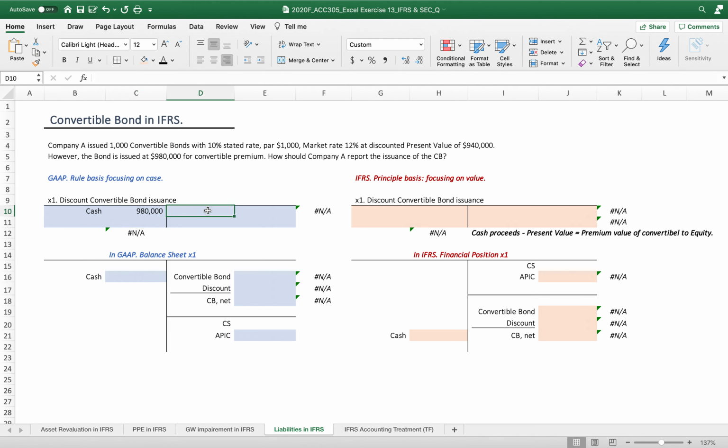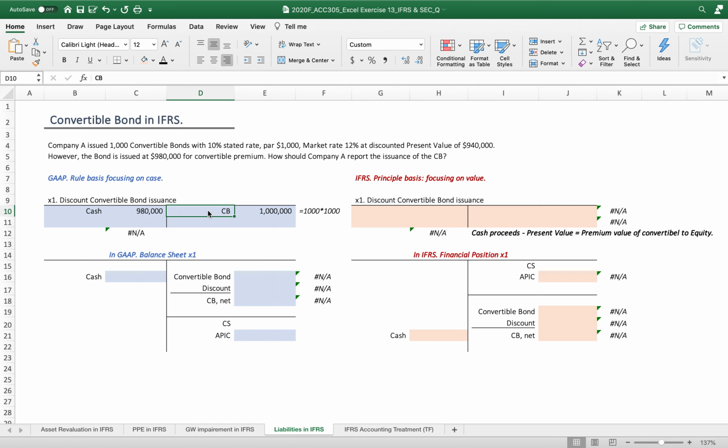What was the par value of this convertible bond? $1,000 par value per bond times 1,000 convertible bonds, the number of convertible bonds issued. So $1 million is the total par value.